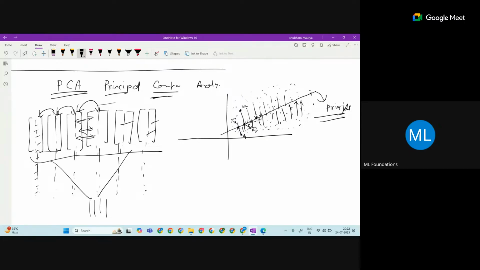Similarly, this is what is happening. The original data is here, but the projected data is here, okay? If you see in the lecture, the professor is telling that the projected data is xi tilde, okay?